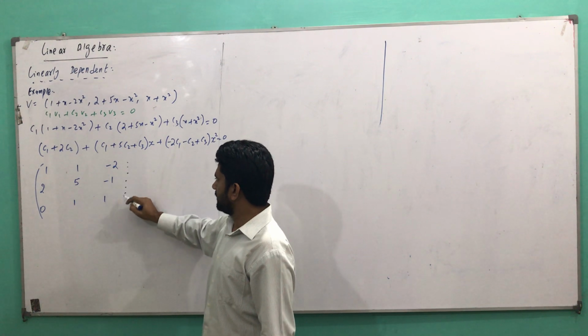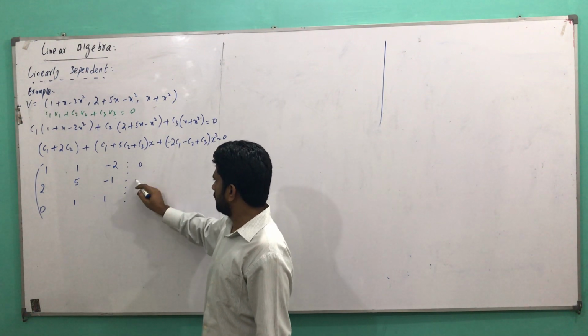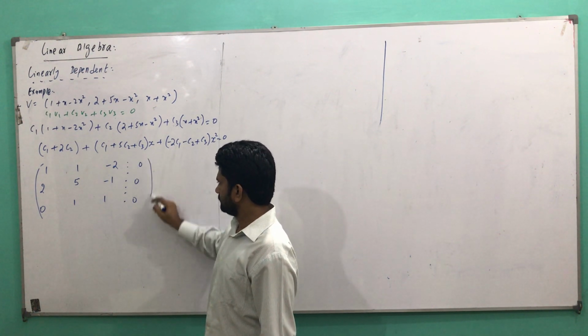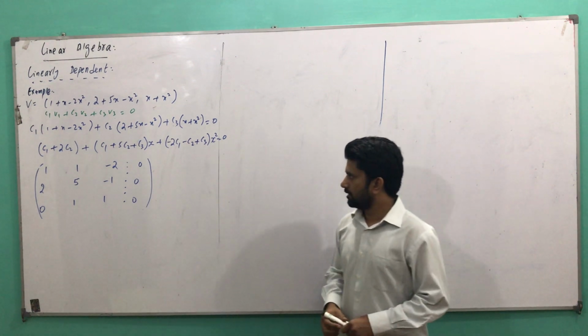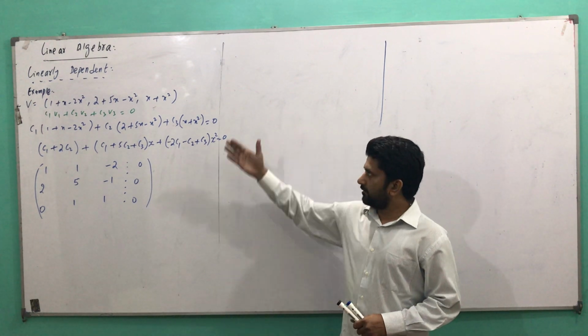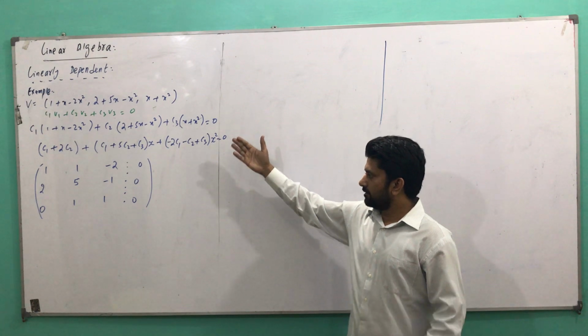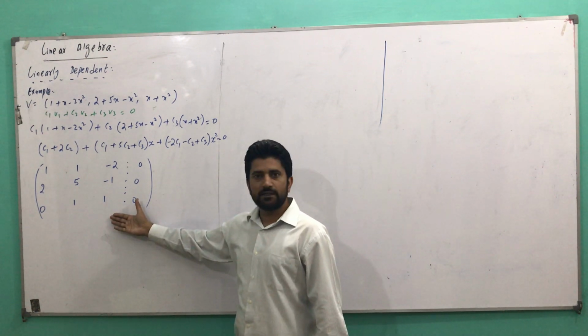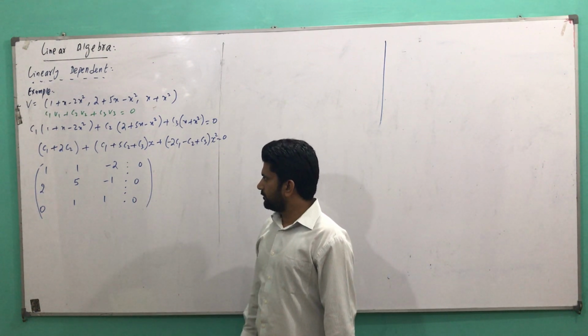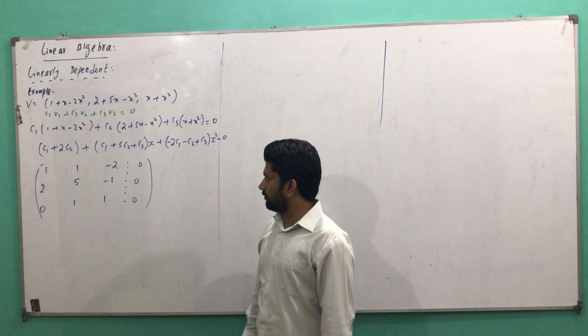And on the right hand side you have 0. Now you know that for linearly dependent vectors you have a solution other than 0. So we are going to put this in echelon form.